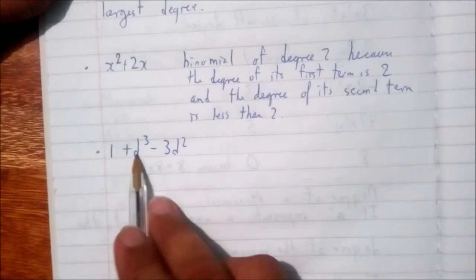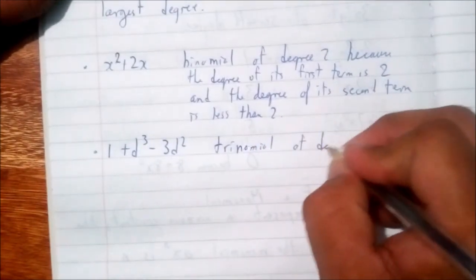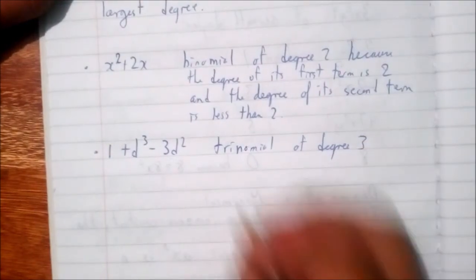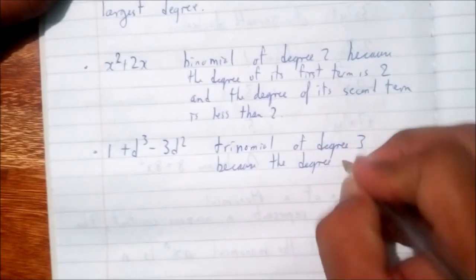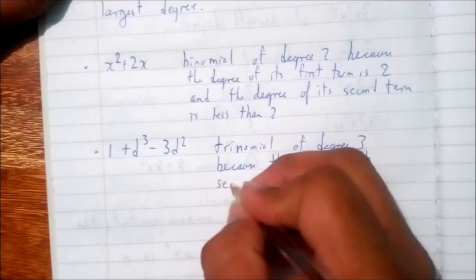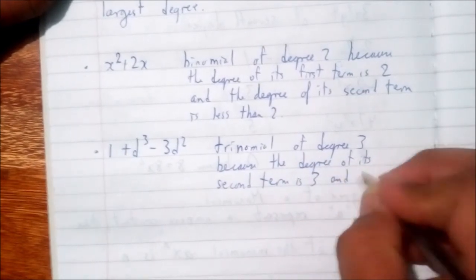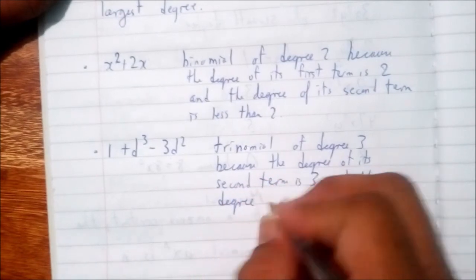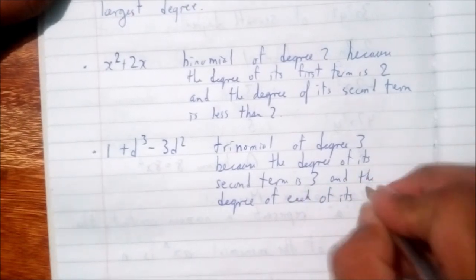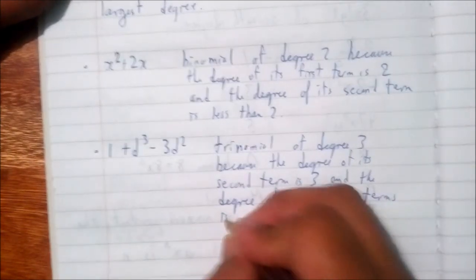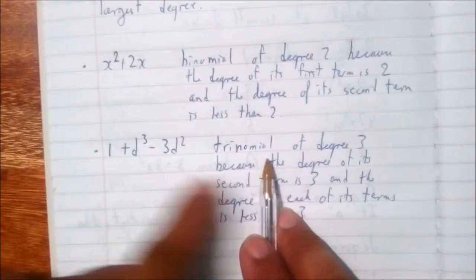This is a trinomial, 3 terms, a trinomial of degree 3 because the degree of its second term is 3 and the degree of each of its other terms is less than 3.